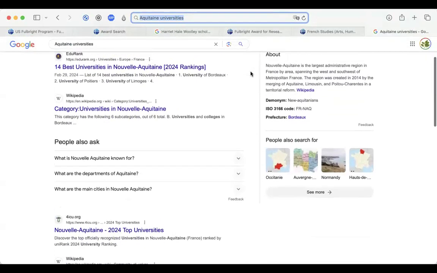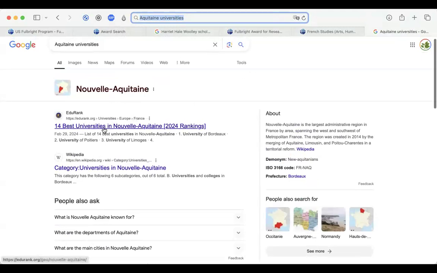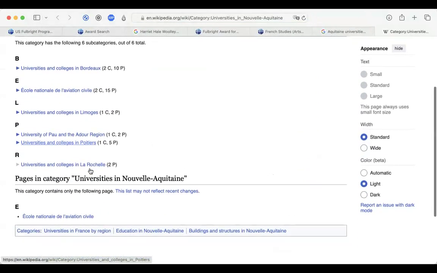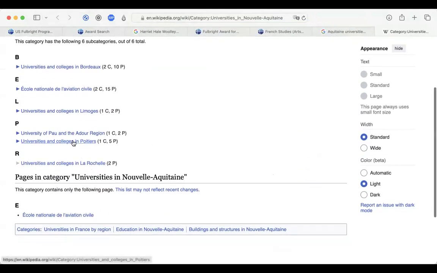Maybe, maybe not. But it does tell you that there are at least 14 universities there. And this English language Wikipedia page only tells you about 6 entries there. But we see, oh, universities and colleges in Poitiers or in La Rochelle, that's actually more than you would have thought from the preview.